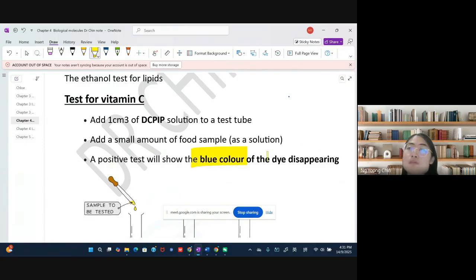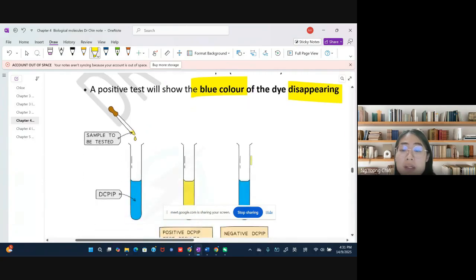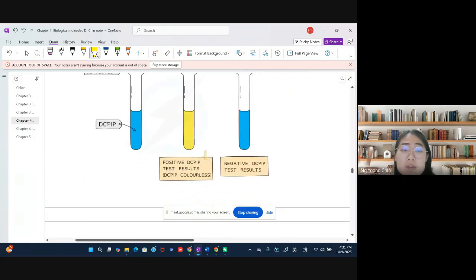When it detects the vitamin C concentration inside the food sample, it changes from blue to colorless. Colorless means it becomes completely transparent.